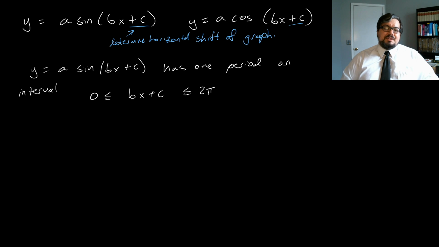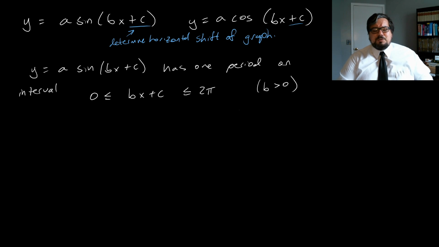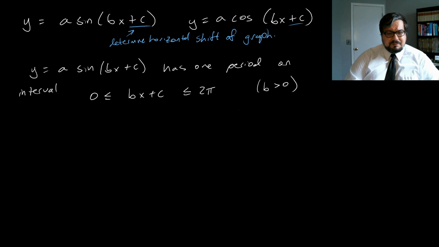So that means that it's also going to do that same pattern of 0 to 1 to 0 to negative 1 to 0 again when bx plus c goes from 0 to 2 pi. Now here we can solve for b. So for the moment, let's assume that b is positive, and it turns out that what we do will apply even when b is negative.